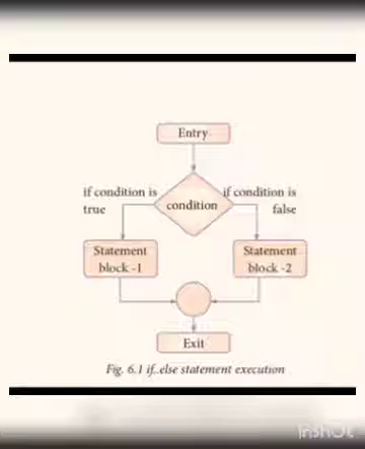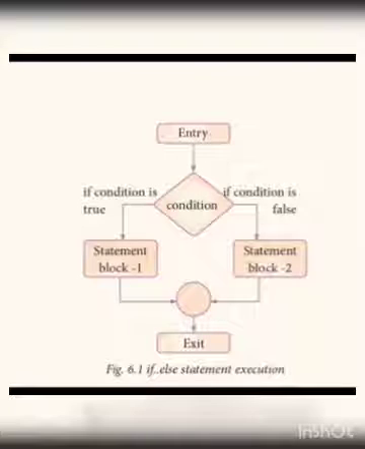That condition will be given here. And then statement block 1 will be like "you are eligible to vote", that is if the condition is true. Then statement block 2 will be like "you are not eligible to vote". That is, if the condition is false, then that part will be executed.